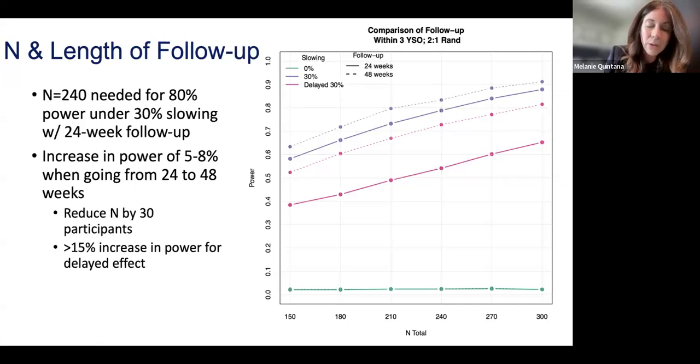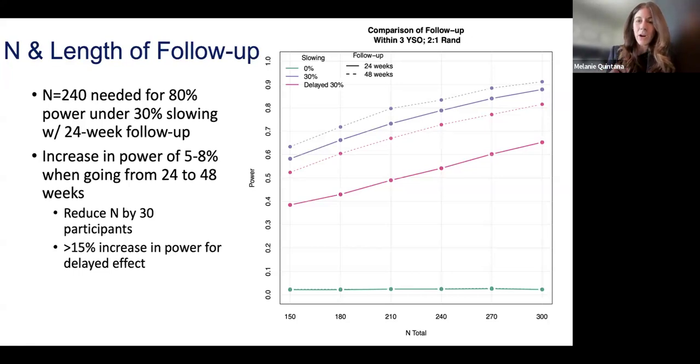This allows us to reduce our sample size by about 30 participants. So now you can see we have about 80% power for the 48-week follow-up using 210 participants. So this allows us to make that benefit risk trade-off and really quantify the benefits of going to 48 weeks versus staying at a 24-week trial.